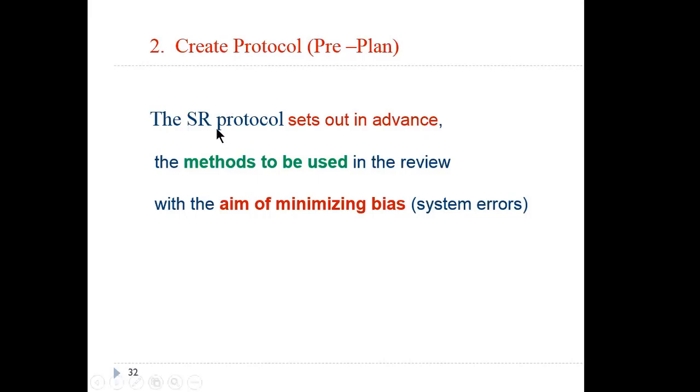The SR protocol sets out in advance the methods to be used in the review, with the aim of minimizing bias. That is the important thing. So you will have to take all the precautions, and you'll have to indicate how you are going to minimize bias during the process. So when you create the protocol, you will be dealing with all those.